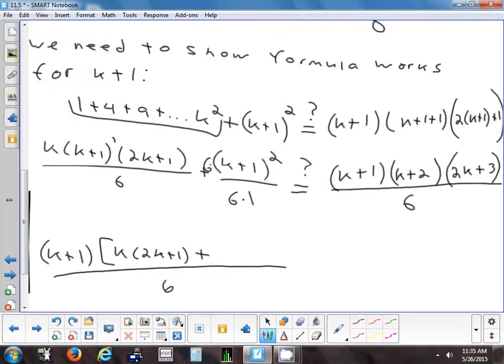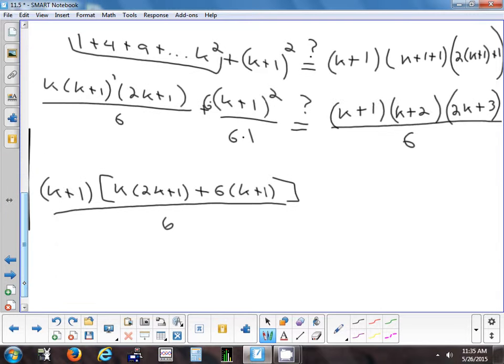Plus here it would leave me with a 6, and it would leave me with a k plus 1. I factored one of them out. Well, we have the first factor, k plus 1. K plus 1.